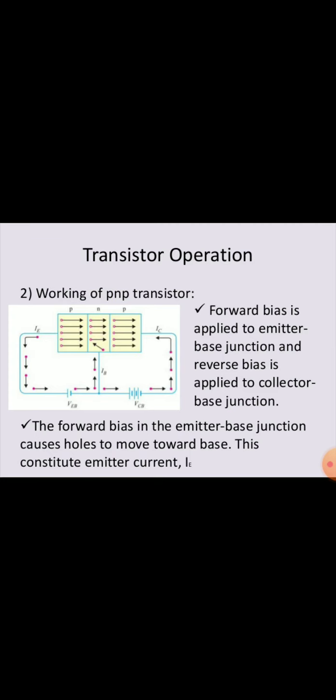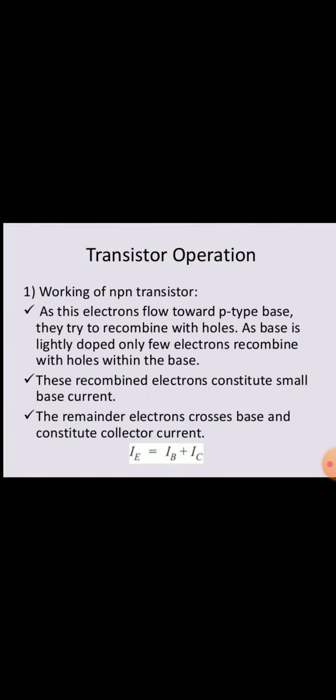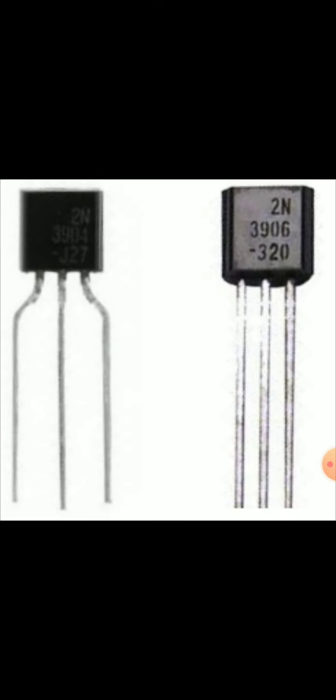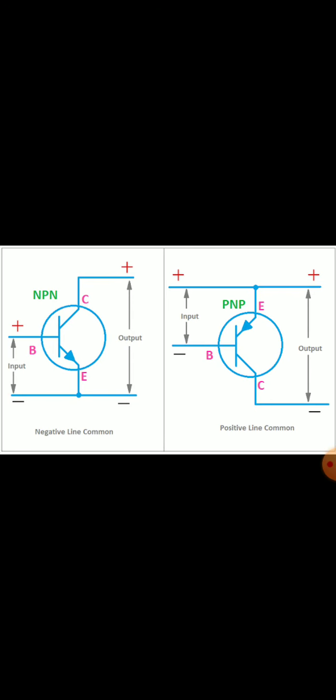What is the working of the PNP transistor? The forward bias causes holes in the P-type emitter to flow toward the base, which causes the emitter current. The holes that cross into the N-type base try to combine with electrons.